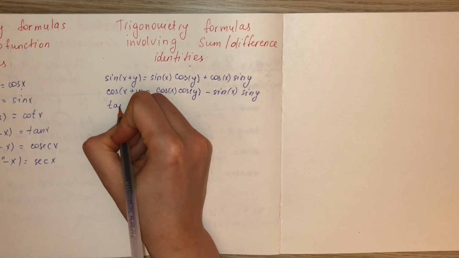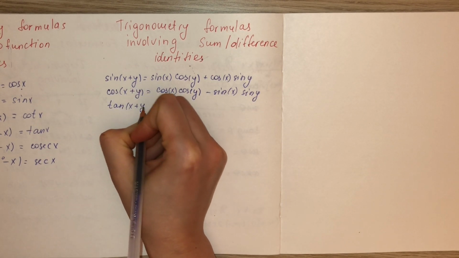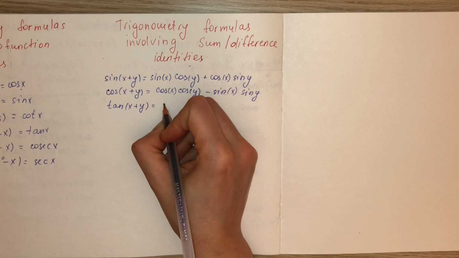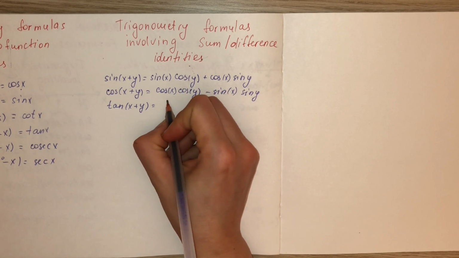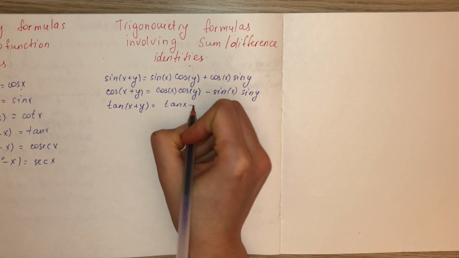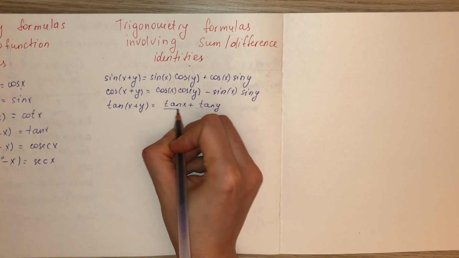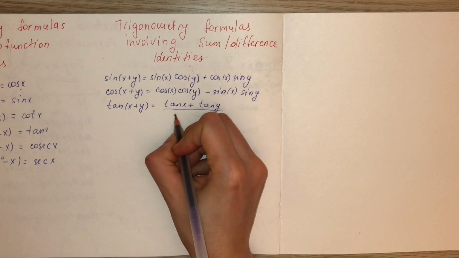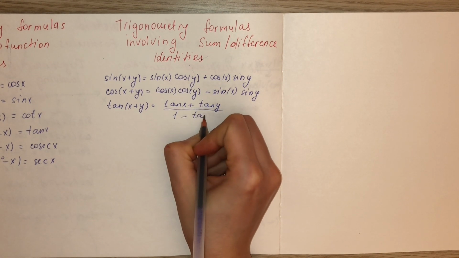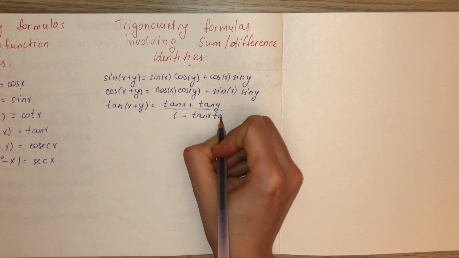What about tangent of x plus y? This is equal to tangent x plus tangent y over 1 minus tangent x tangent y.